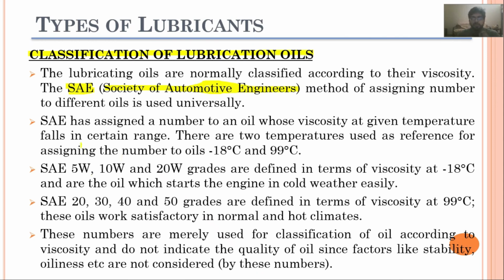SAE has assigned a number to an oil whose viscosity at a given temperature falls in a certain range, and the temperature ranges used for that purpose are -18 degrees Celsius, which is the colder limit, and 99 degrees Celsius, which is the upper limit of that temperature range.